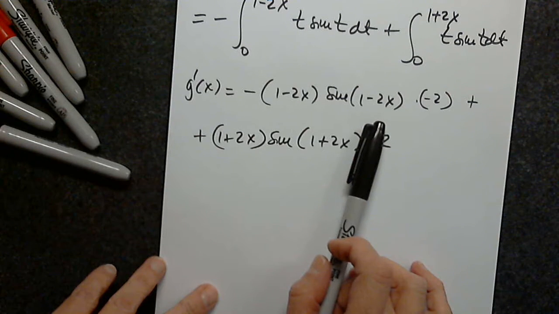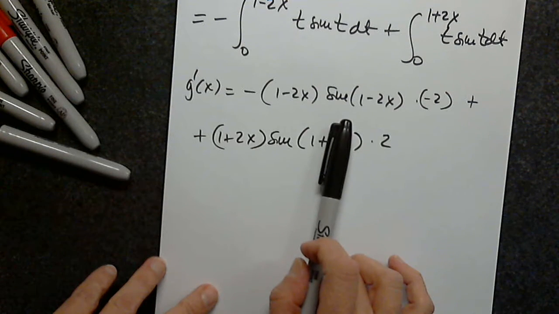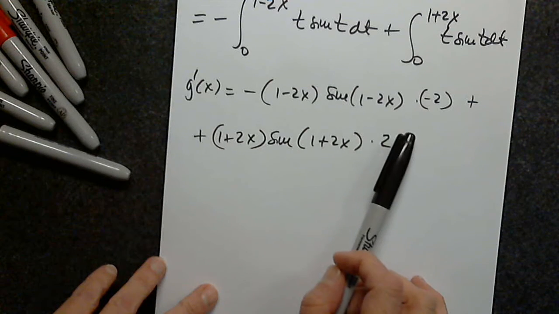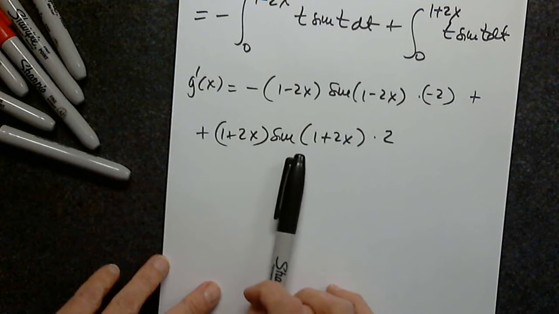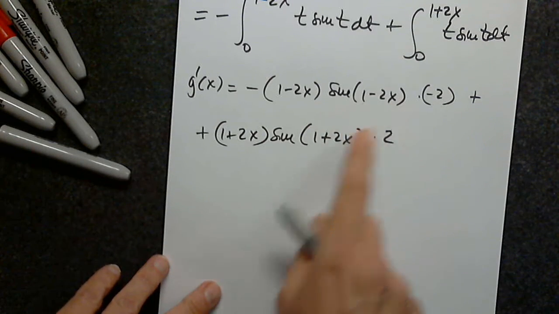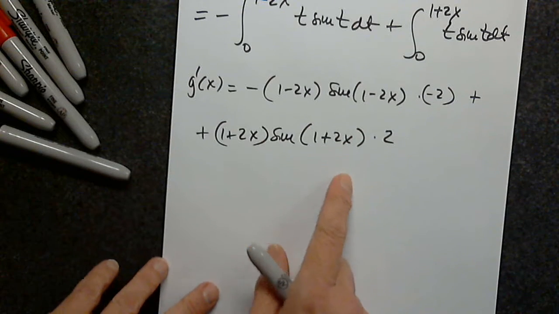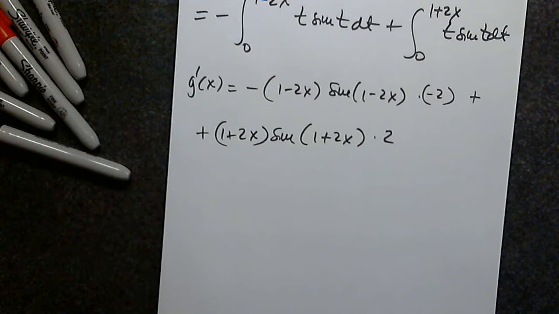This is 1 minus 2x times sine of 1 minus 2x. So it'd be negative sine of 1 minus 2x plus 2x sine of. But you will not be able to simplify, because this is sine of 1 minus 2x and this is sine of 1 plus 2x. There is nothing you can do anyway.